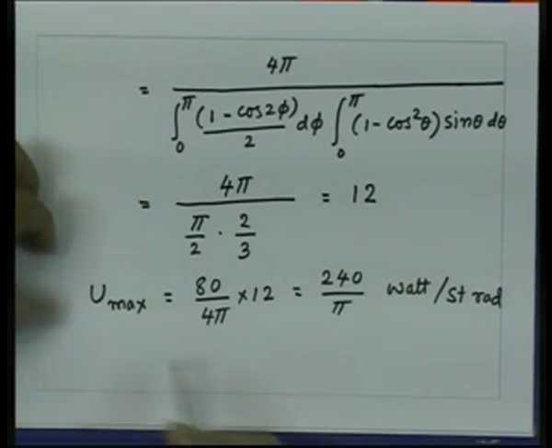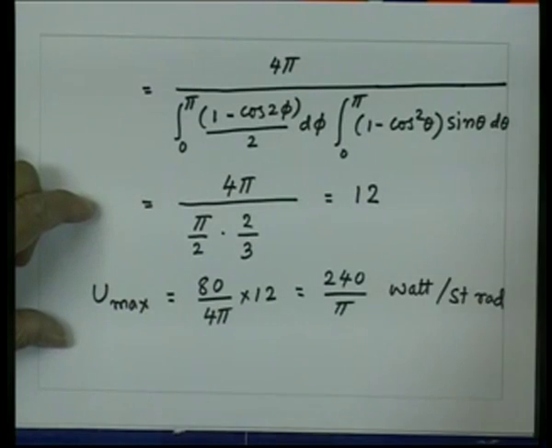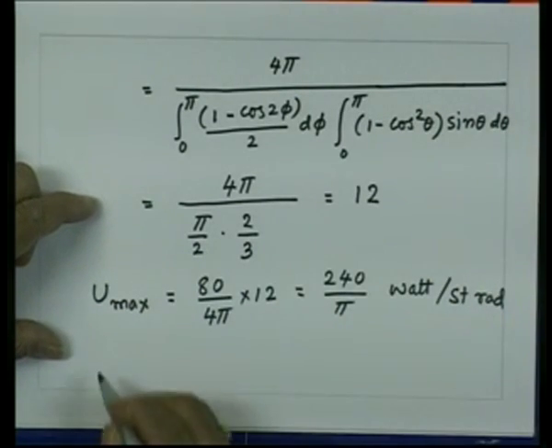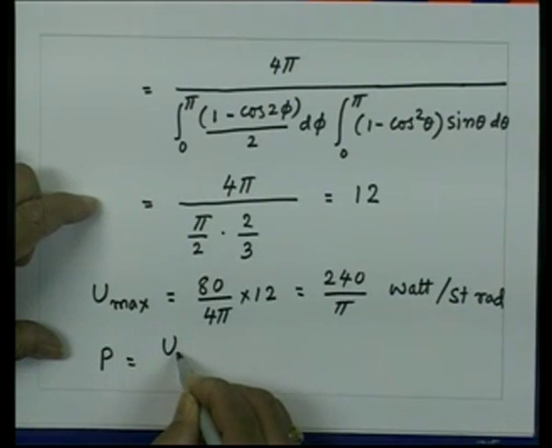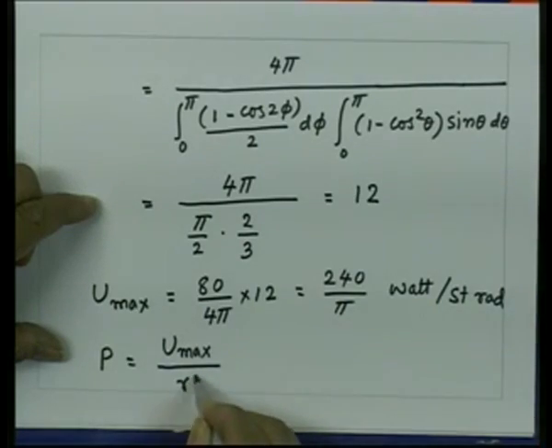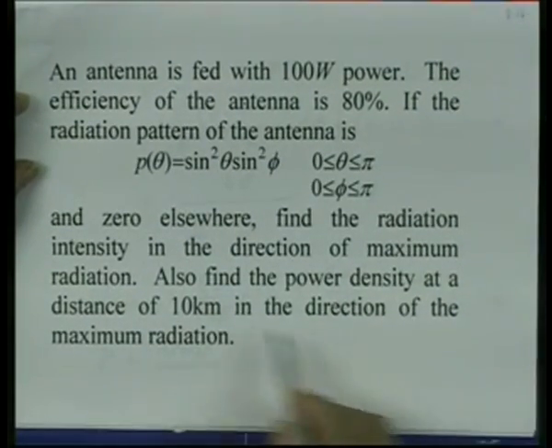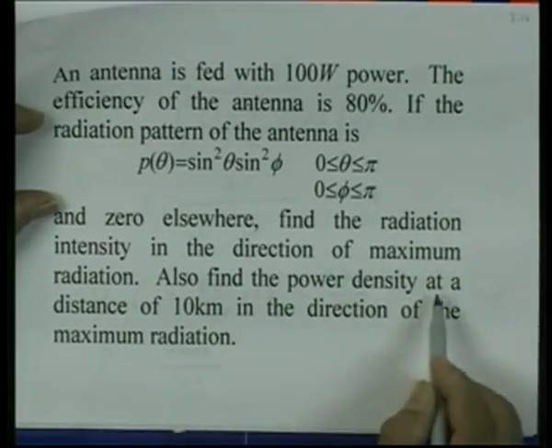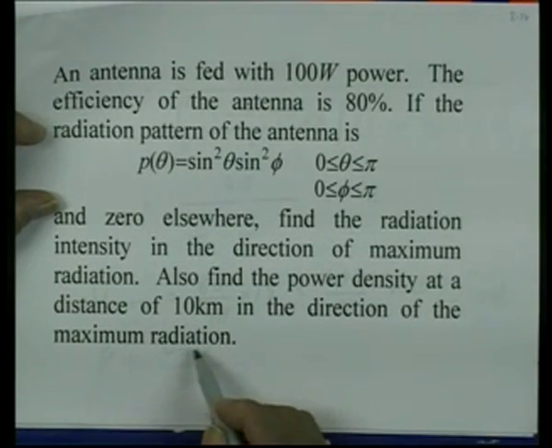Now, the Poynting vector in that direction at a distance we can calculate, because we know that the power density P is the radiation intensity divided by r square. It is given that we have to find out this power density at a distance of 10 kilometer in the direction of maximum radiation.